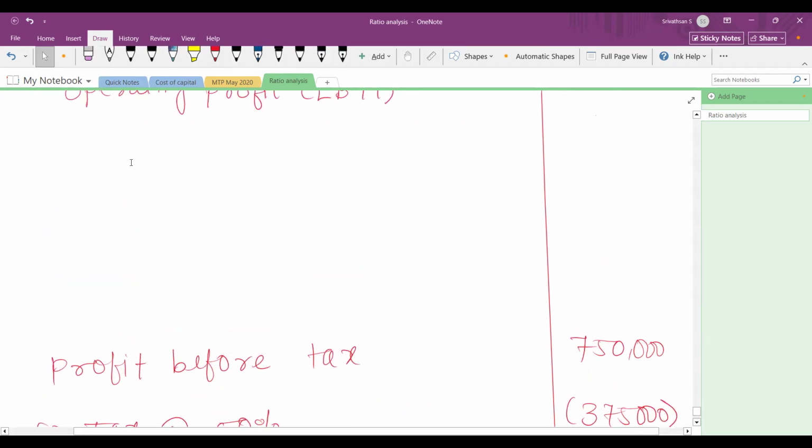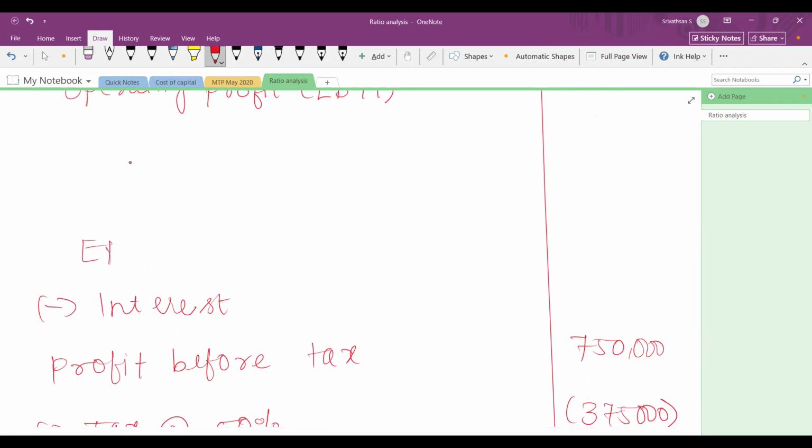Now to profit before tax, what do we need to add? Interest. If we add interest, what do we get? Nothing but operating profit or EBIT. So what is the amount of interest?